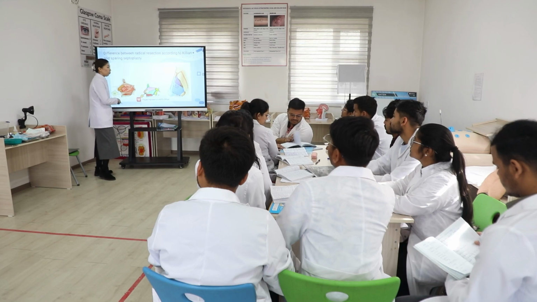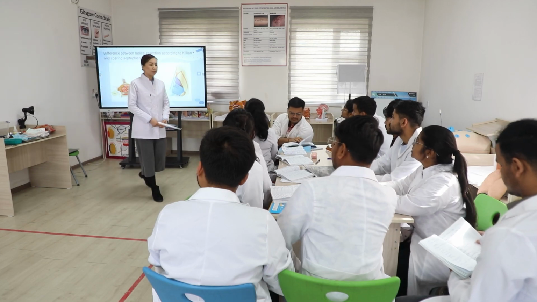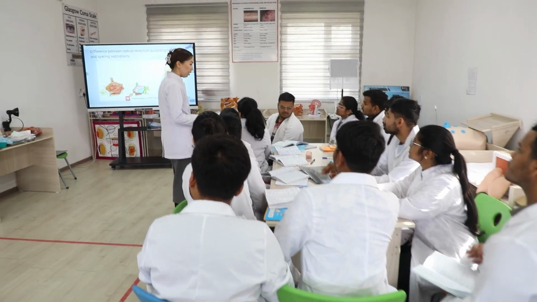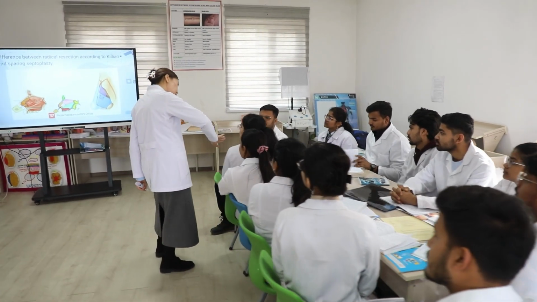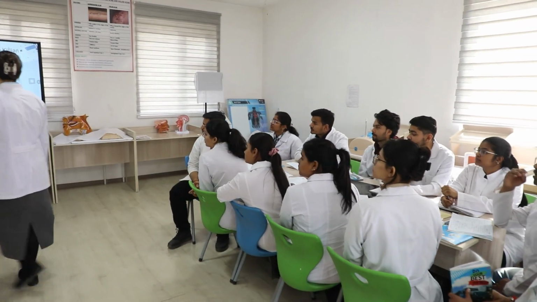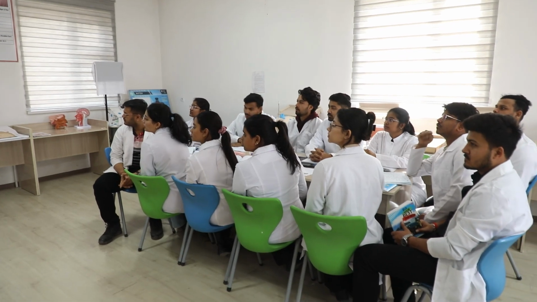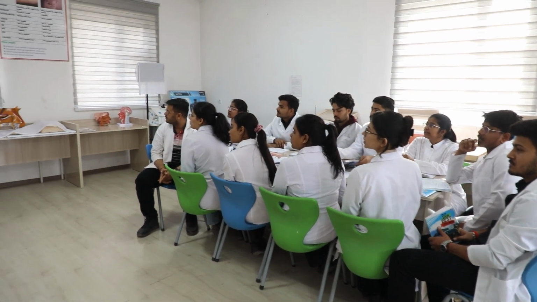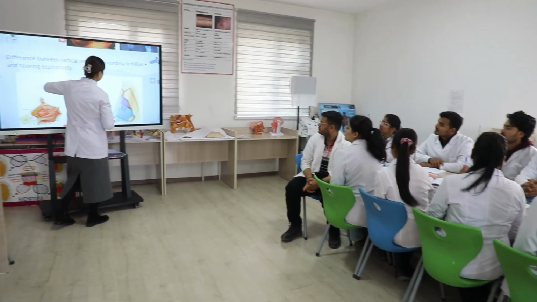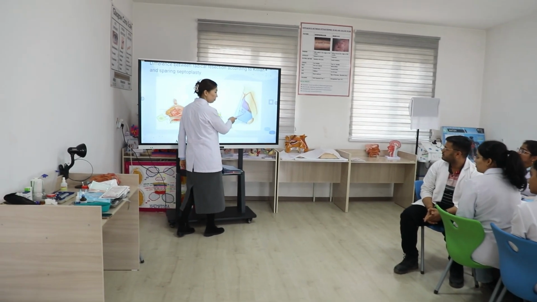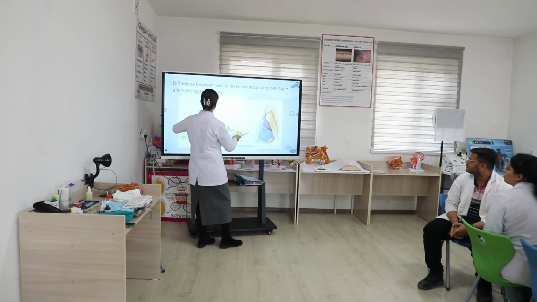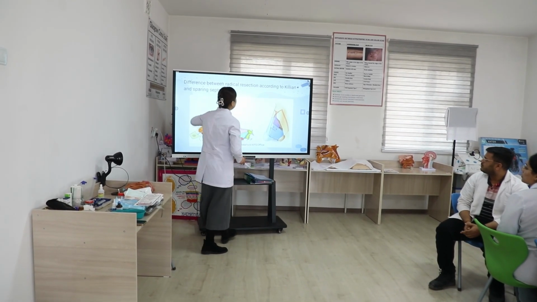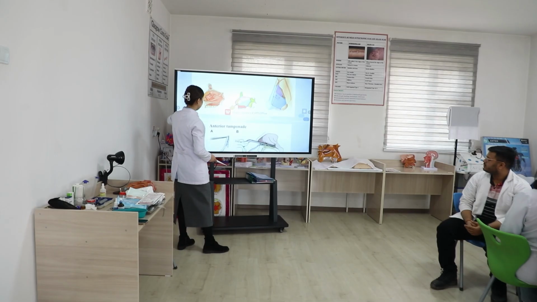If you remove it, we have some complications, for example, the tip of the nose can drop down. That's why we need to remove only the spikes part, make it straight and put it back again. This is the main difference between septoplasty and resection according to Killian.